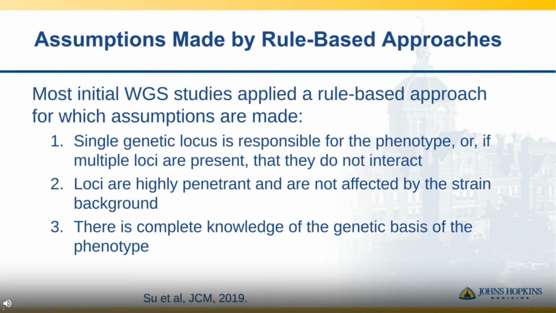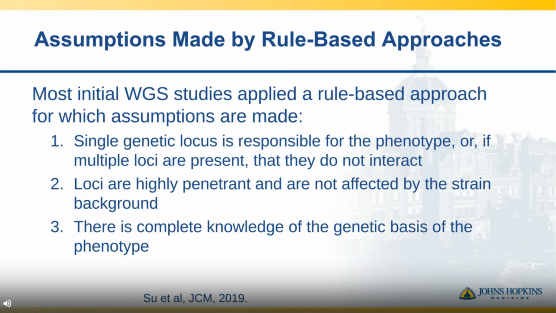Second is that these loci are highly penetrant and are not affected by the strain background. And the third is that there's complete knowledge of the genetic basis for that particular phenotype, which we know is not true. And we know that the mechanisms mediating resistance can be complex, just as I explained in that first case that we had, that there are heterogeneous mechanisms that can result in sabituril resistance, for example.